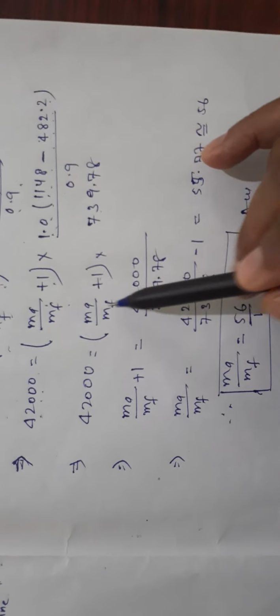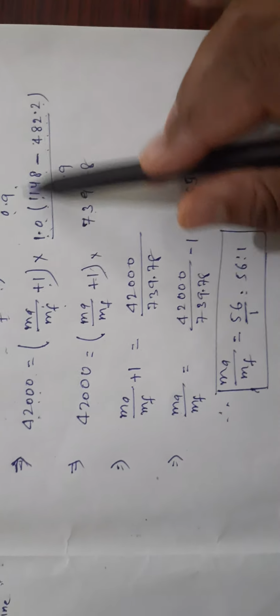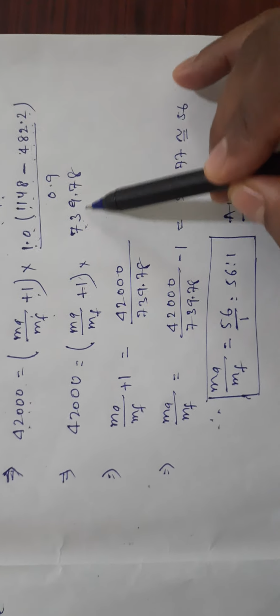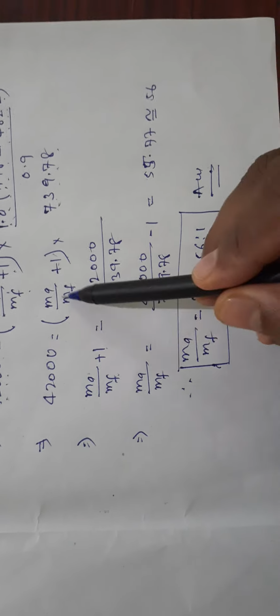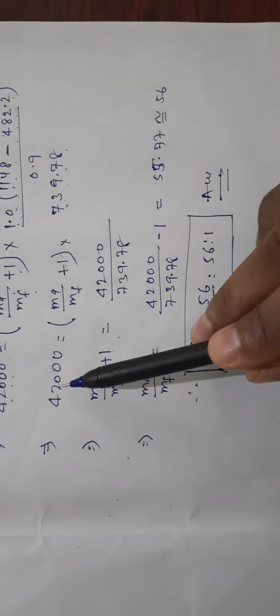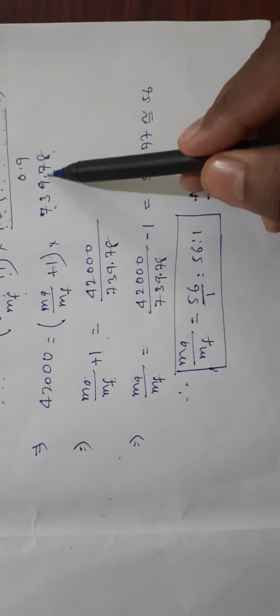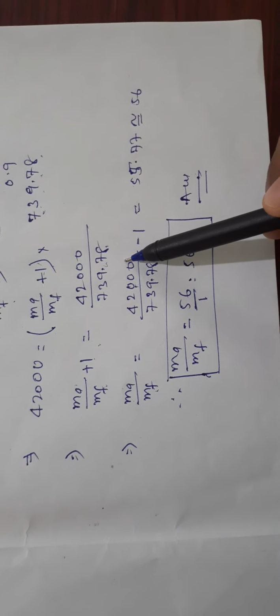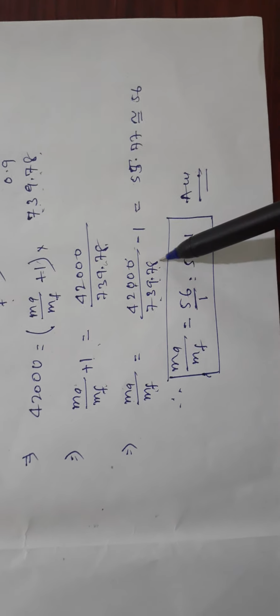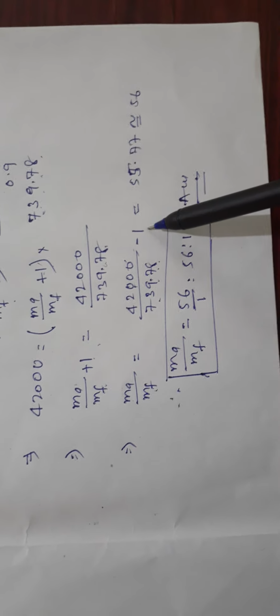So 42,000 equals (Ma by Mf plus 1) times 739.78 after calculation. So Ma by Mf is equal to 42,000 divided by 739.7, minus 1, moving the 1 to this side.